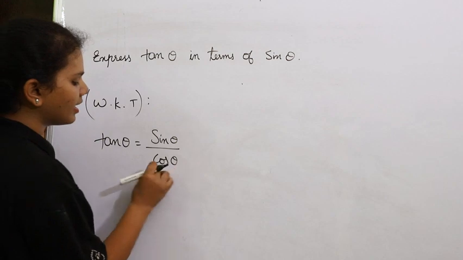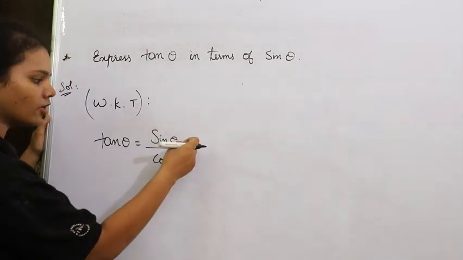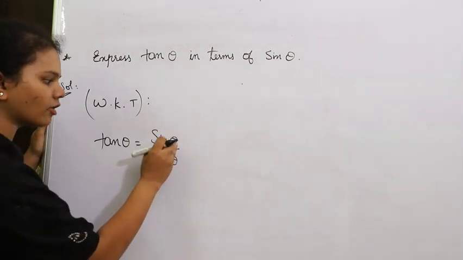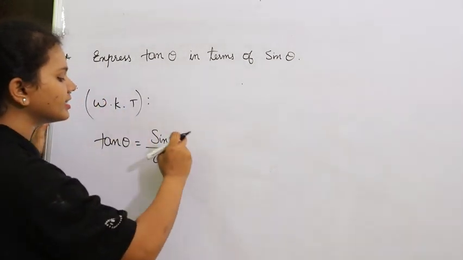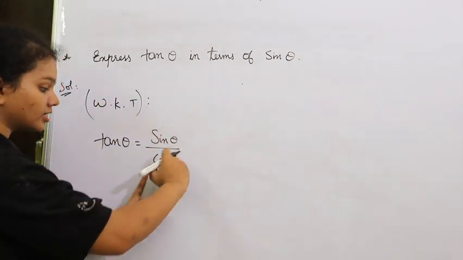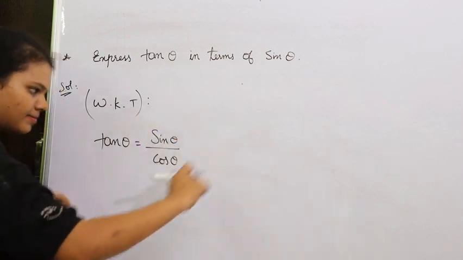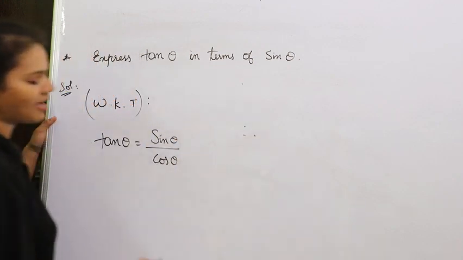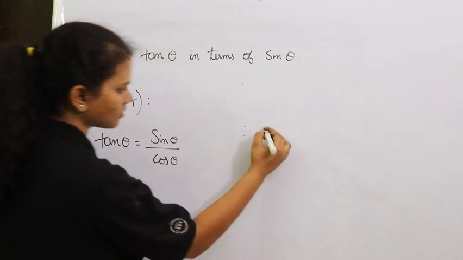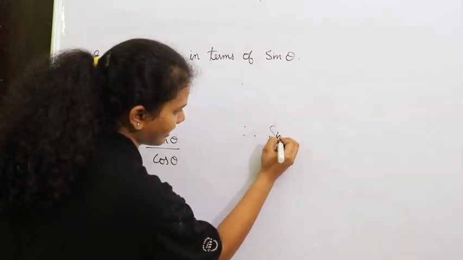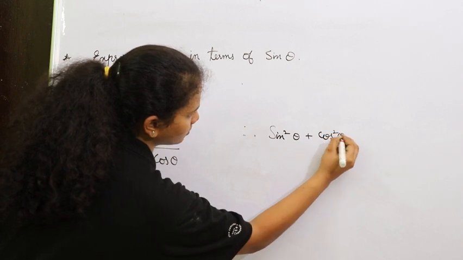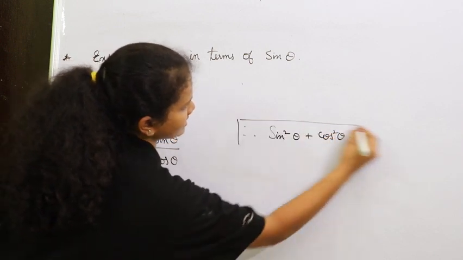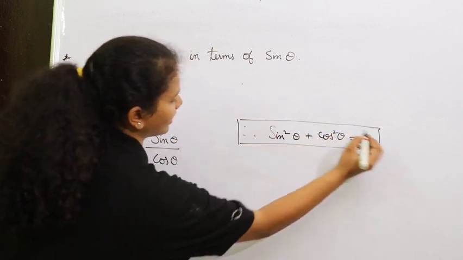In the numerator place we got sin theta, but in the denominator place we should turn this cos theta into sin theta. I will show this. You have an identity where sin square theta plus cos square theta is equal to what? Very good.